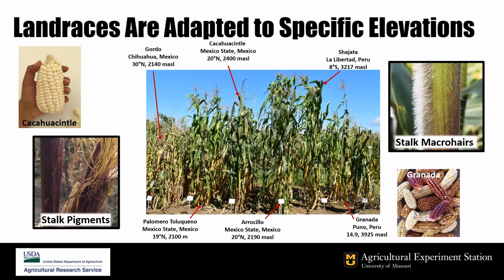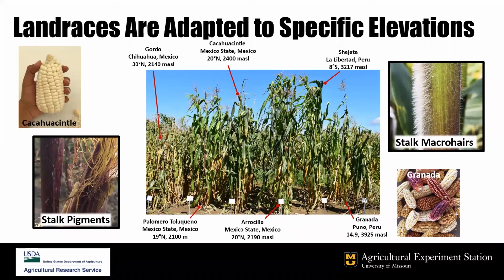And once corn moved down into South America, corn also gradually climbed into the Andes. And so even though the highland Teosinte that I just talked about is not present in South America, and it didn't contribute to the highland adaptation in South America, the corn was still able to adapt to the South American highlands.